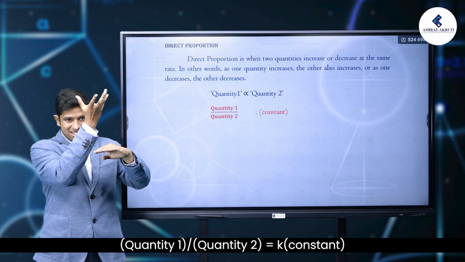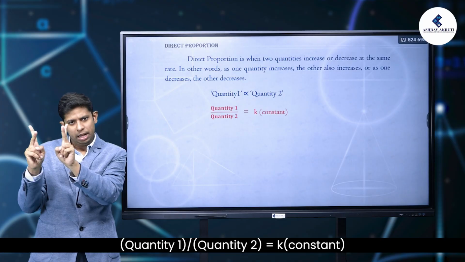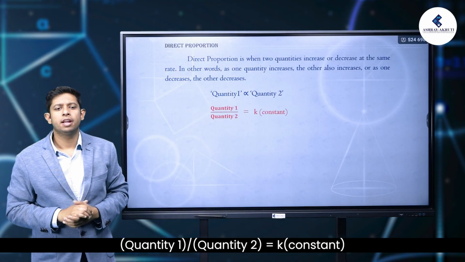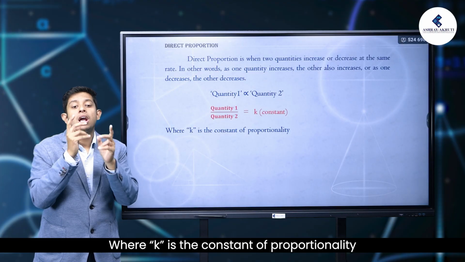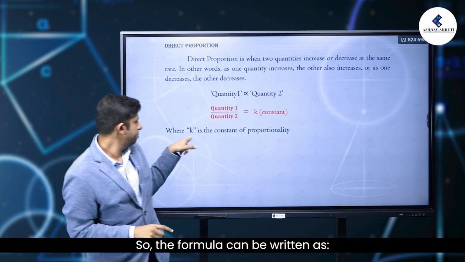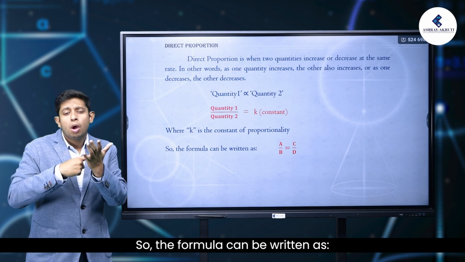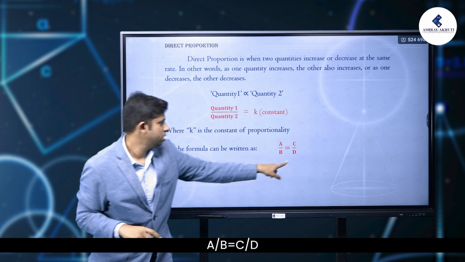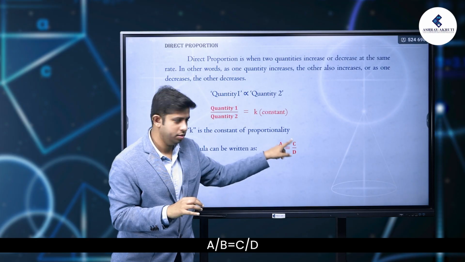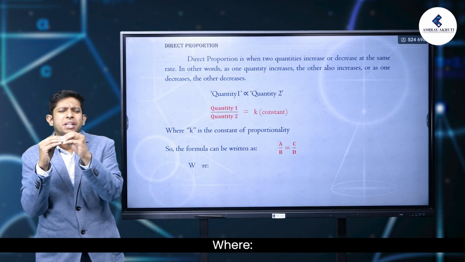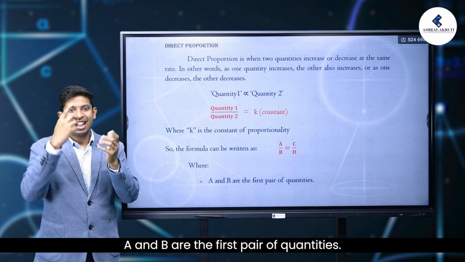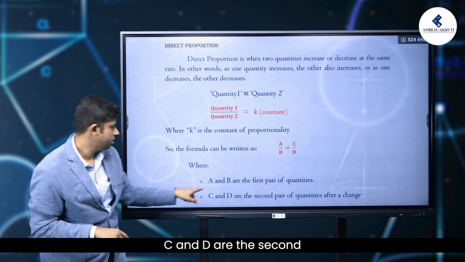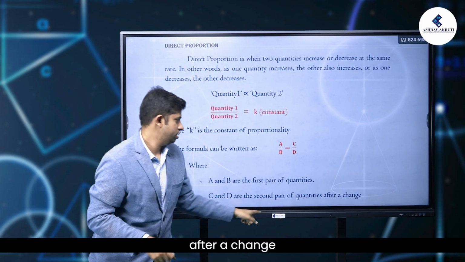Quantity 1 by quantity 2 is equal to K, a constant, where K is the constant of proportionality. So the formula can be written as A by B is equal to C by D, where A and B are the first pair of quantities, and C and D are the second pair of quantities after a change.